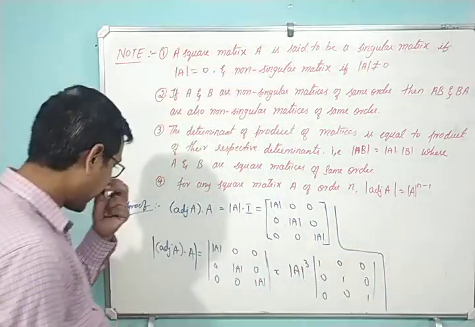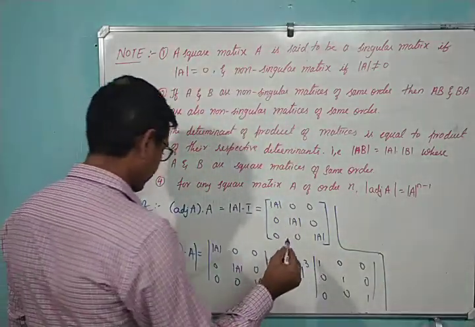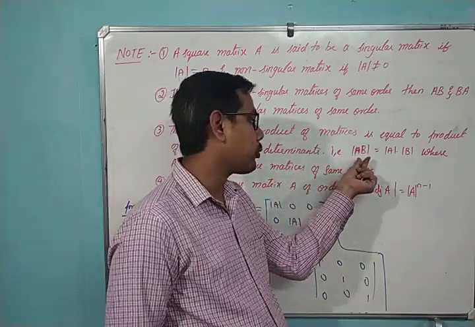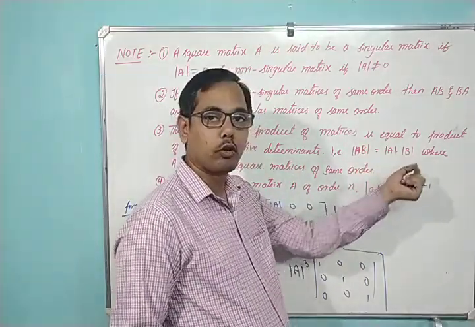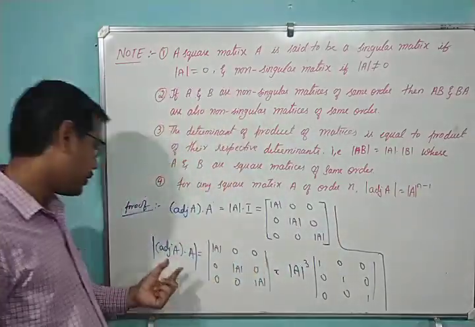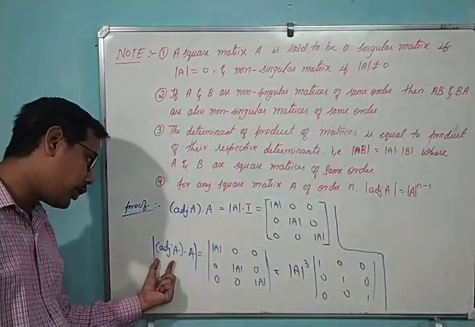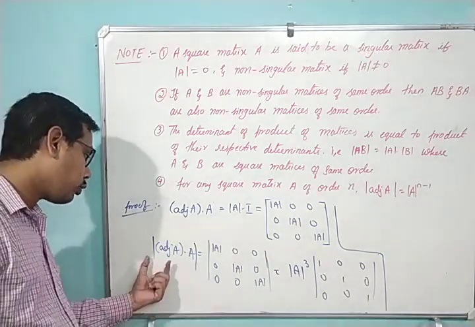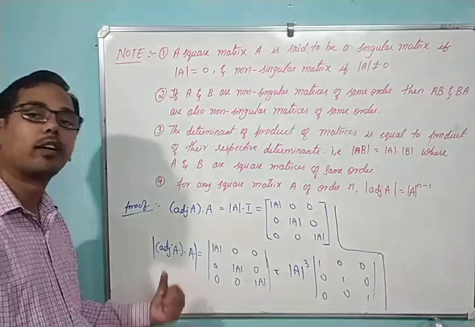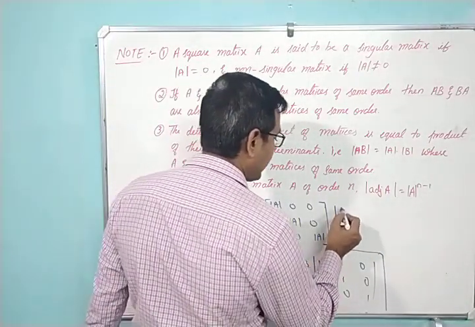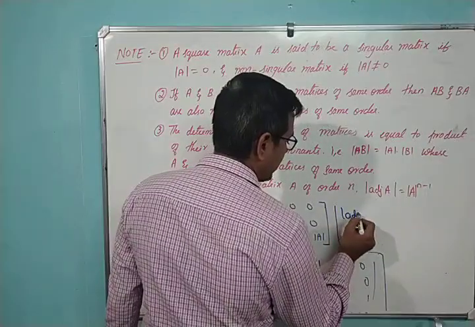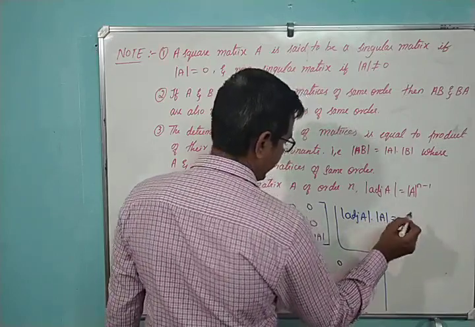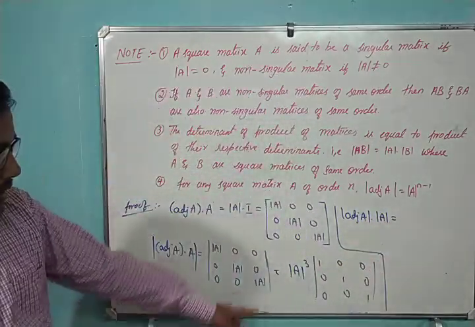So this can be written as, see what is adjoint A into A? Here we have the determinant of a product of two matrices, which is the product of their individual determinants. So I can write the determinant of adjoint A into A as the determinant of adjoint A into determinant of A. So determinant of adjoint A into determinant of A equals, see what is this?